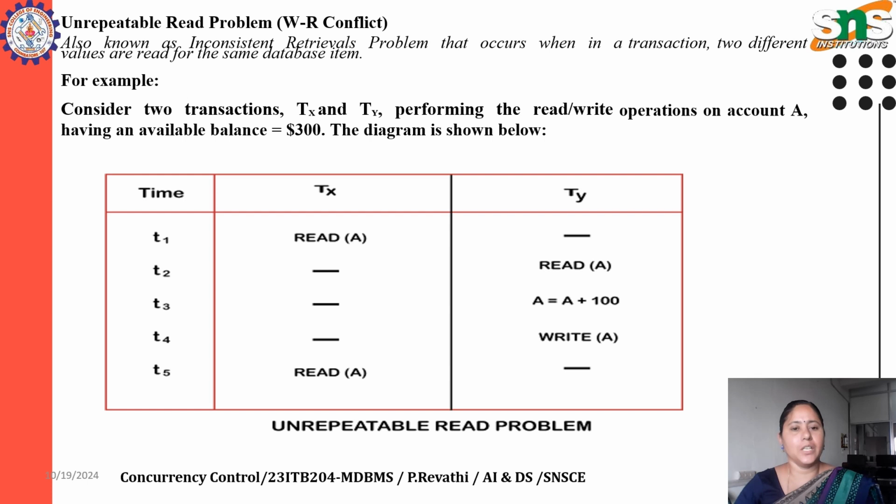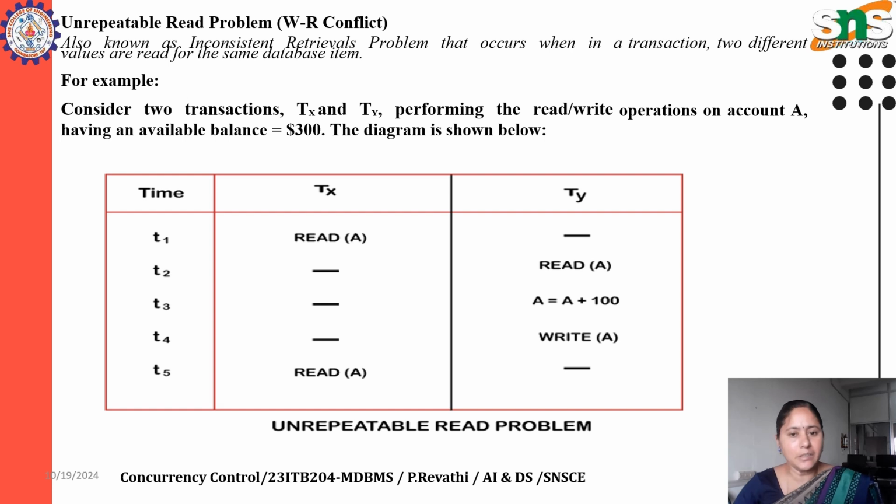At time T1, transaction TX reads the value of A, which is 300. At time T2, TY reads the value of account A, which is also 300.